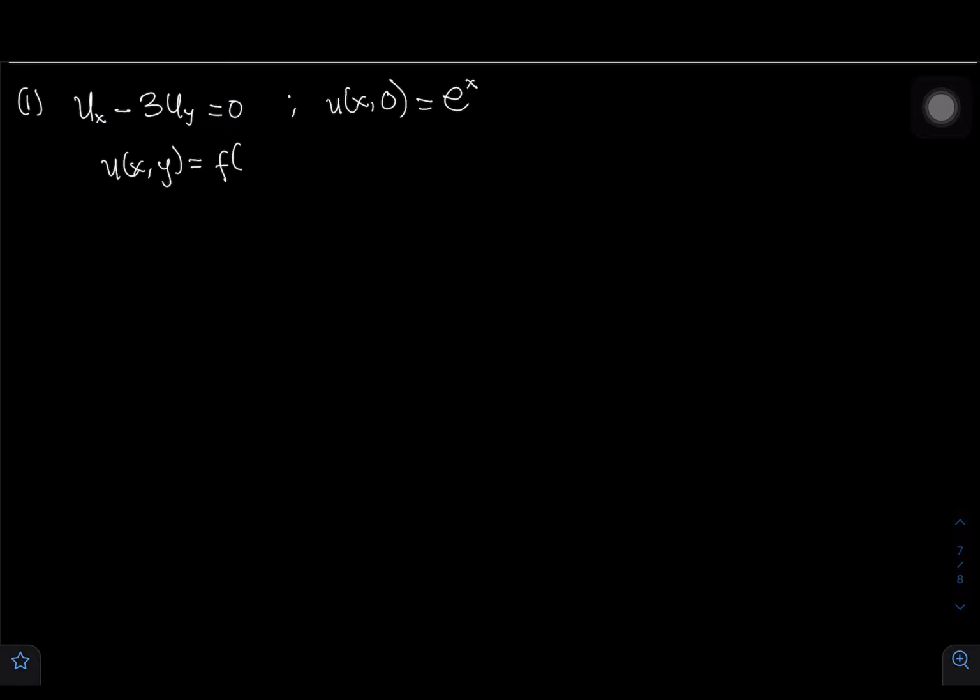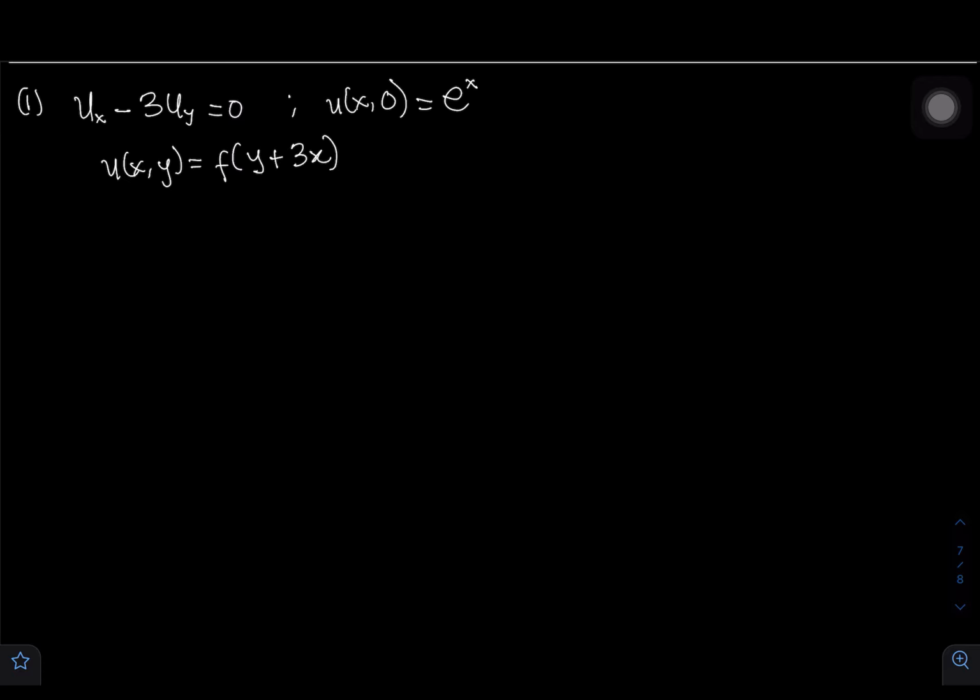It's just going to be f of ay minus bx. What is a over here? It's just 1. So y minus, what is b over here? b is -3. So that's just going to be plus 3x, and that's it.